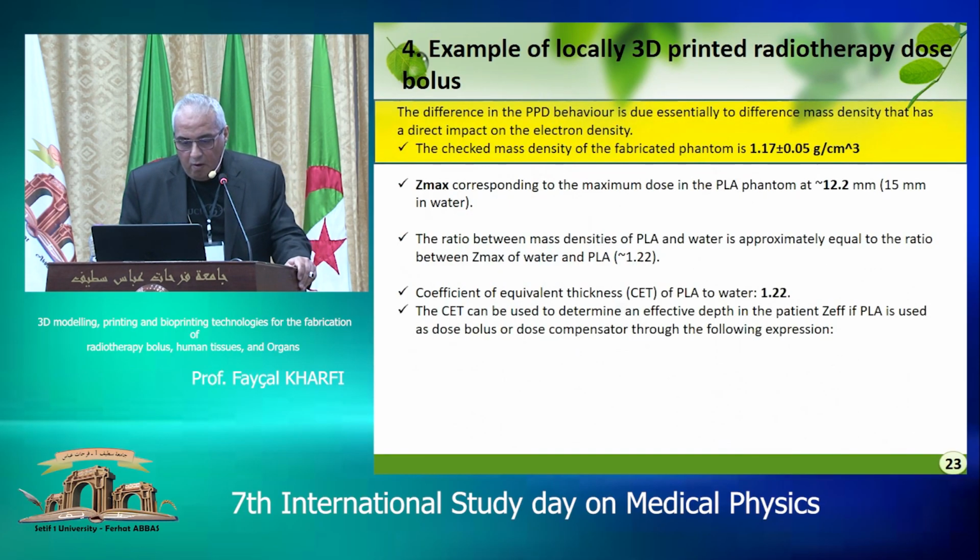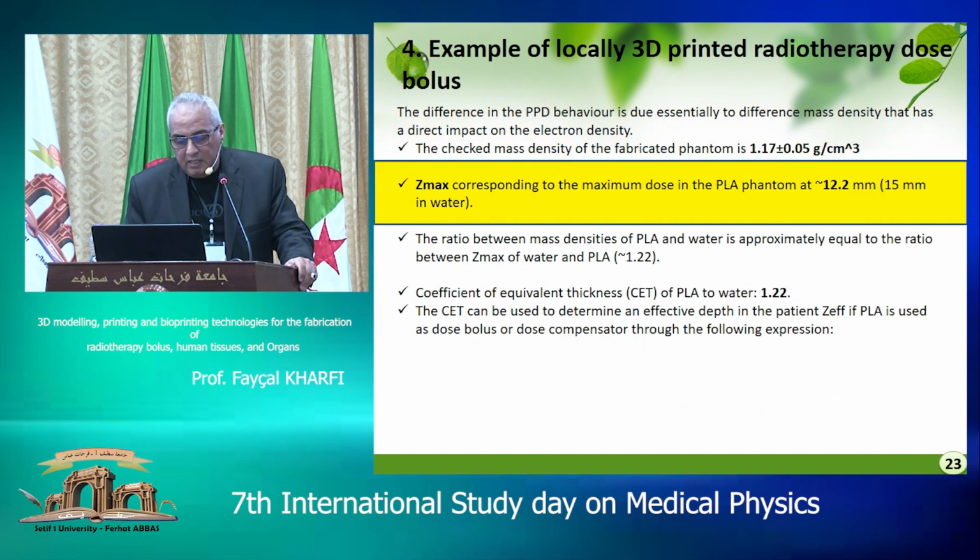So, from this first characterization, we first determined the effective density of the material used, which is 1.17 gram per cubic centimeter. This is the effective value. We use it in the TPS. We determined the Z max corresponding to the maximum of the dose in PLA, which is 12.2 millimeter, when compared to 15 millimeter in water.